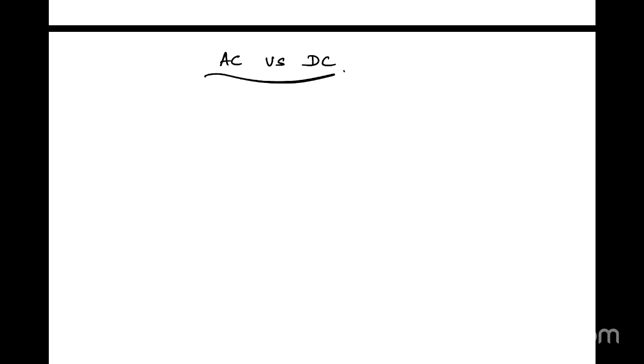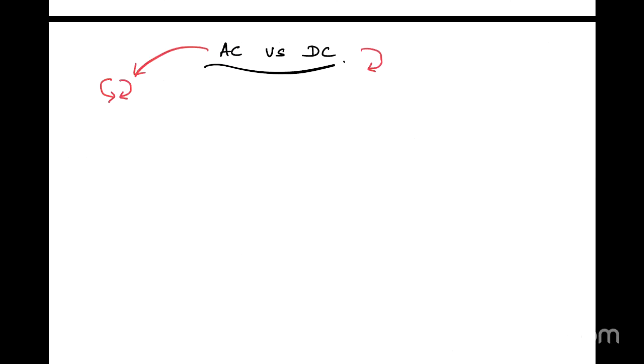The simplest idea is that AC means the current flows in two different directions, right? So for the first second, let's say in the counterclockwise direction, and in the very next second it will have a different direction. But DC will have just one direction, right? That is the simplest way that I can explain it, right?